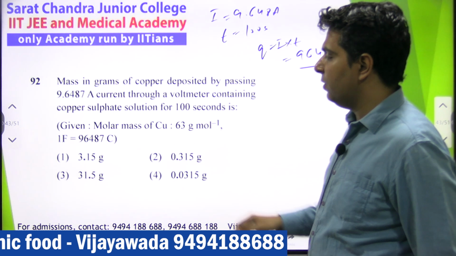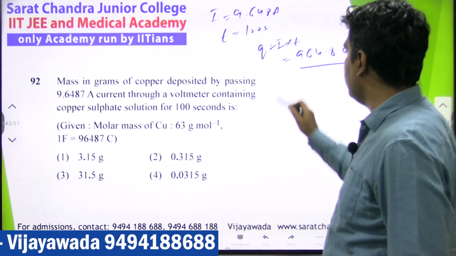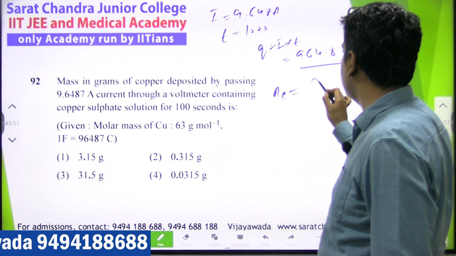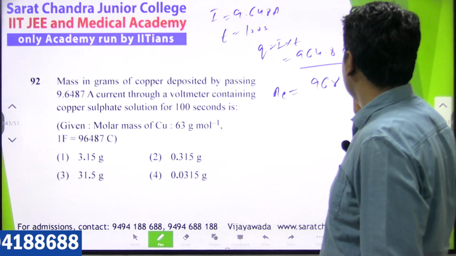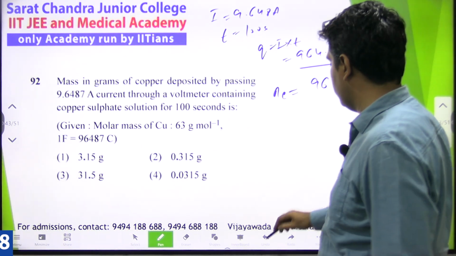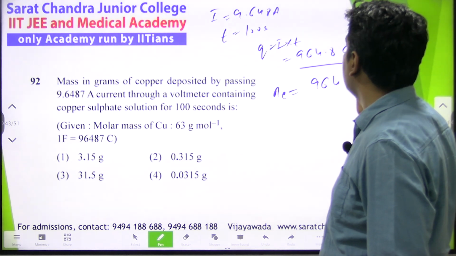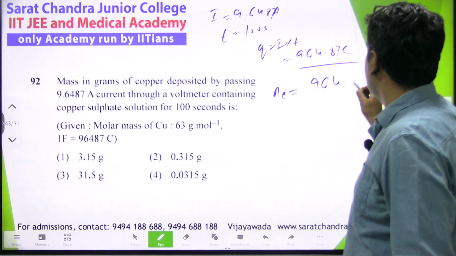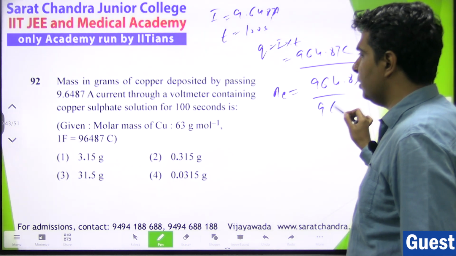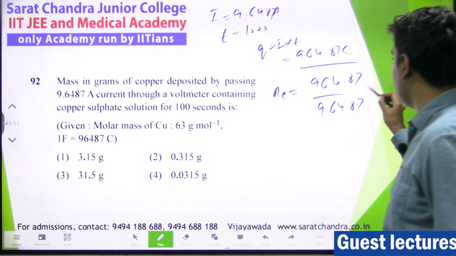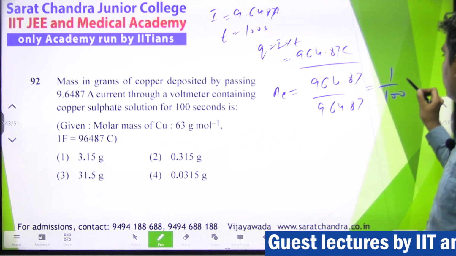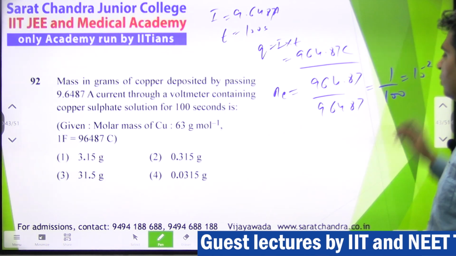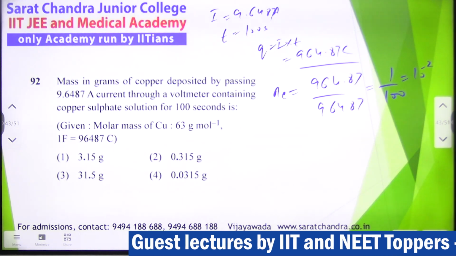Now 1 Faraday is given 96487, that we have to take. So number of moles of electron that is passed is total charge 964.87 divided by 96487 that you have to take. So that is 1 by 100. So 10 to the power minus 2 moles of electrons are passed.